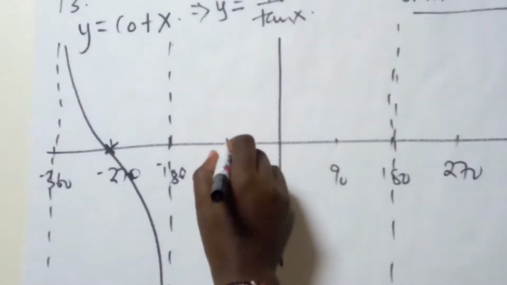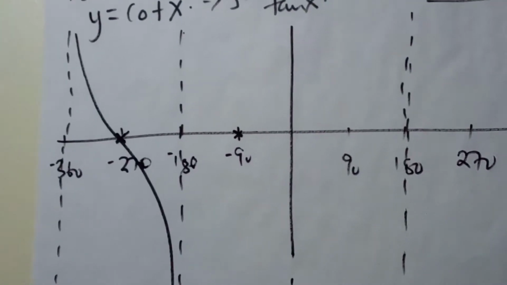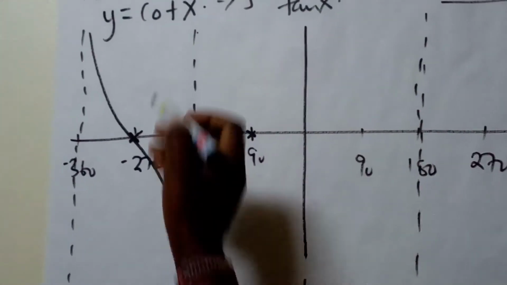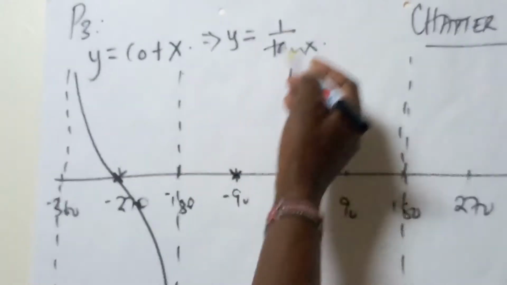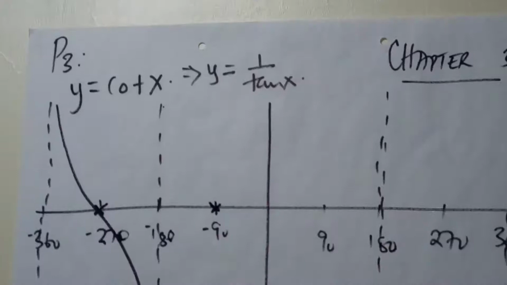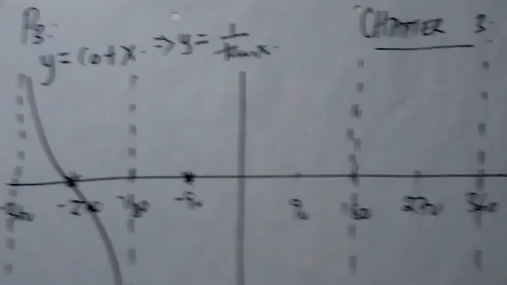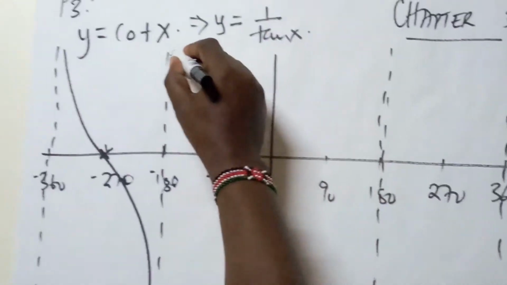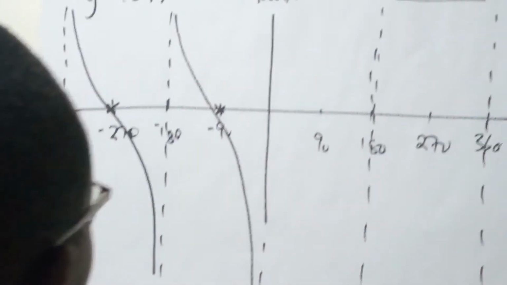But of course, originally the tangent of 90 was again not defined. So y is equal to cot 90 is again 1 divided by a very big number whose answer is approaching 0. So we are there. Definitely our graph is going to appear something like that.